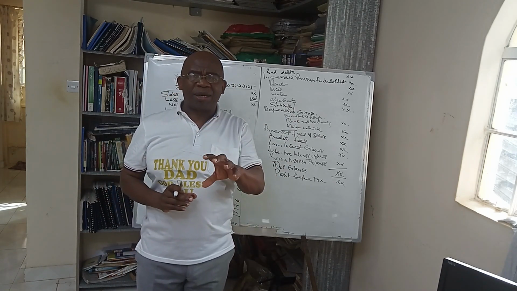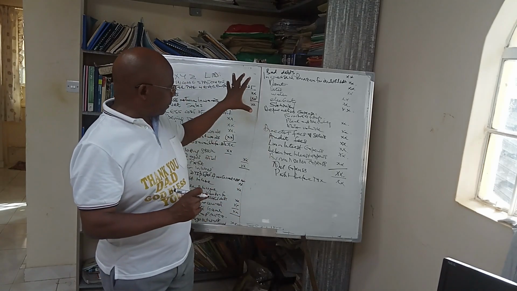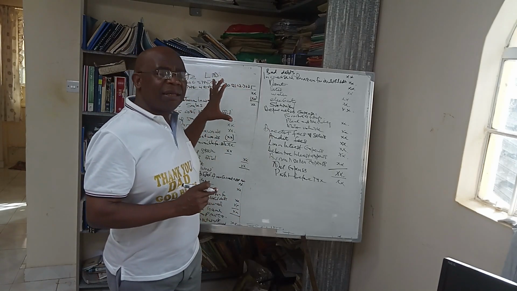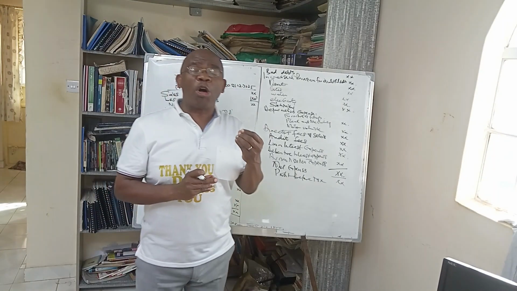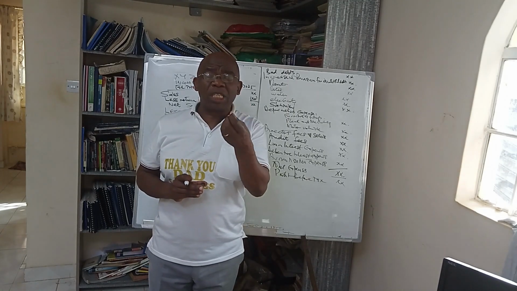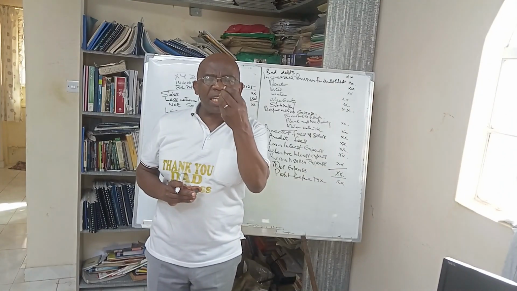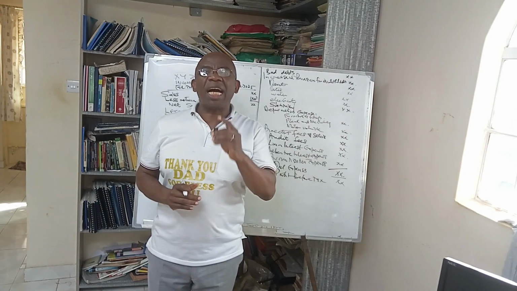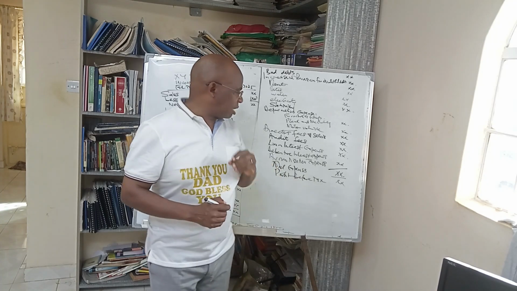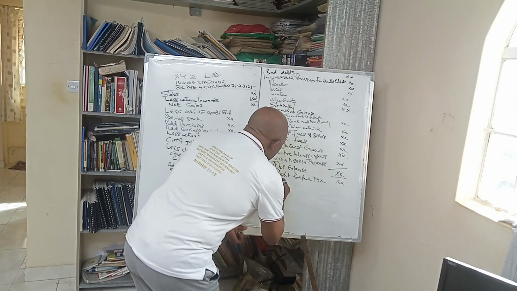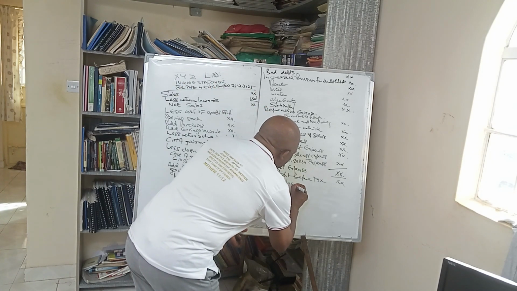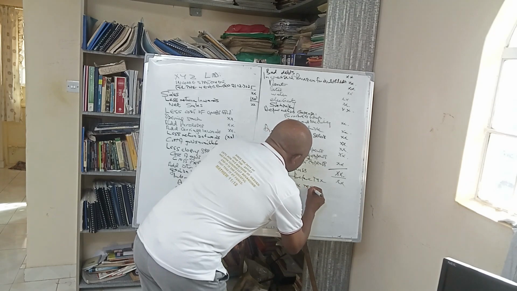In company accounts, the company in law is a person. And therefore, because it is a person in law, it pays tax. And therefore, tax is an expense. So we say less income tax expense.